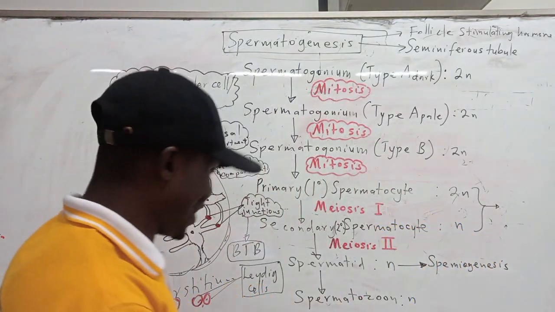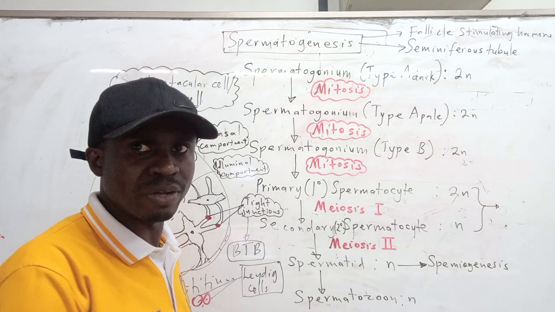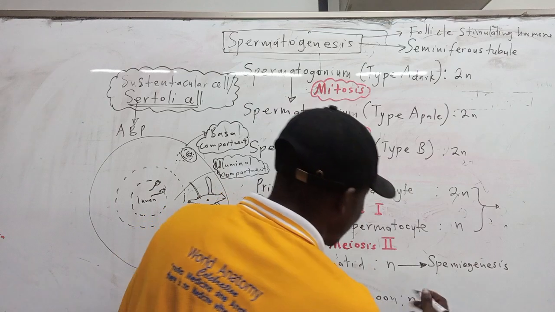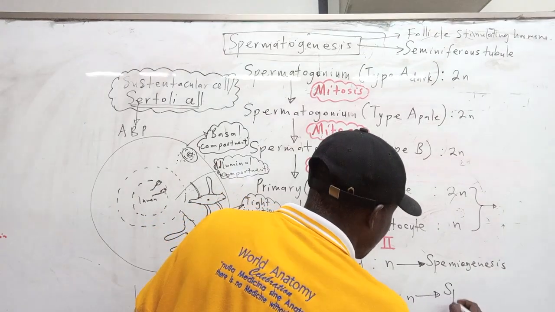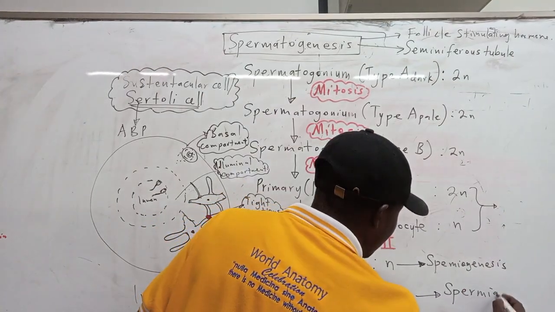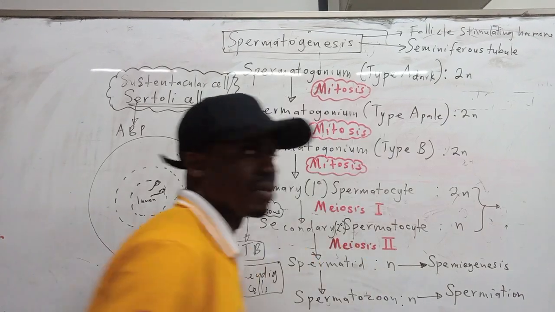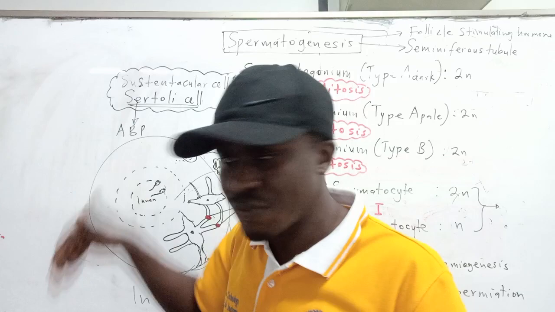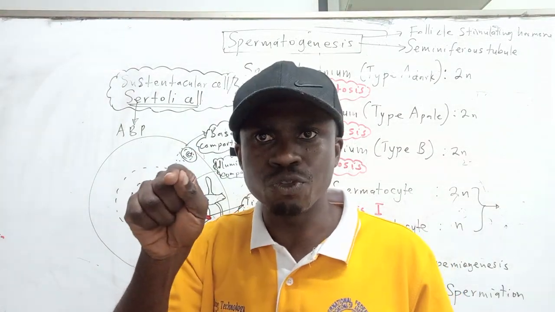So once we form the spermatozoa which are hanging in there, they have to move, and the process of moving is called spermiation.